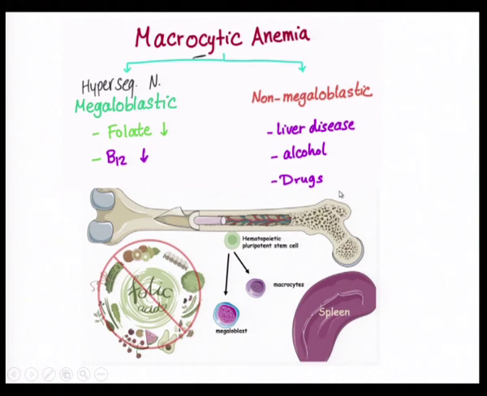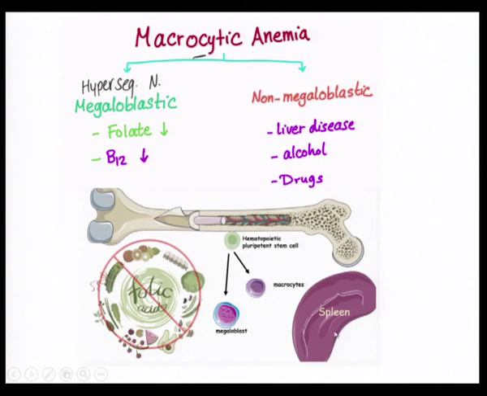and non-megaloblastic. So, when you say megaloblastic, we are looking at the hematopoietic stem cell and how they give rise to, they are pluripotent in nature, how they give rise to monocytes, and you say the megaloblast, which is basically the matured form of the immune cells.